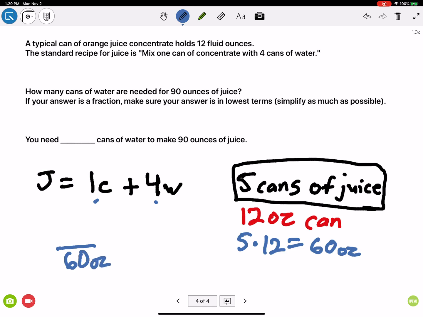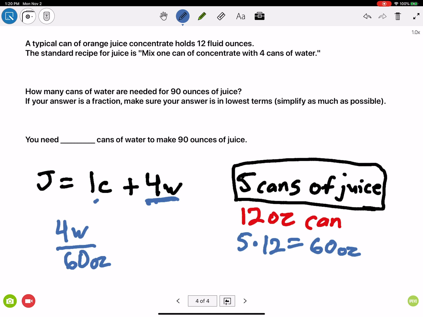Okay, but what is going to go in my numerator? Well, what am I solving for? I'm solving for cans of water. So if I have 60 ounces of juice, how many cans of water are used for that? Well, we figured that out. That was 4 cans of water. In fact, instead of cans, I'm going to write 4W for 4 water.